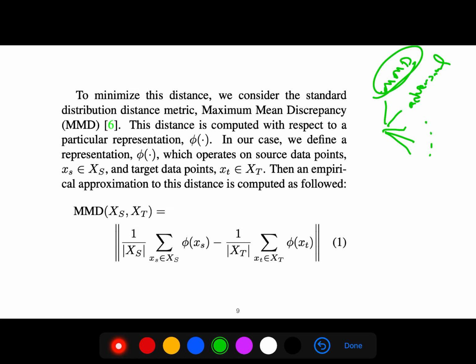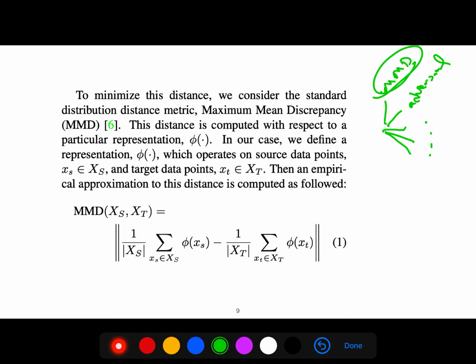2014 is the same year that GANs, generative adversarial networks, were discovered, which I've explained in the playlist for generative AI and synthetic data. So here, to minimize the distance, we consider the standard distribution distance metric, which is maximum mean discrepancy.